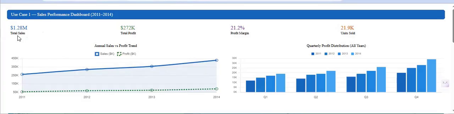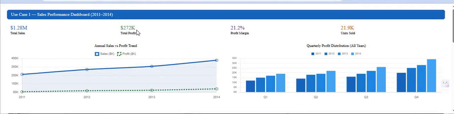$1.28 million in revenue. But wait, is this good or bad? We don't know yet. We need to compare it with something. That's why we have the next number here, the total profit.